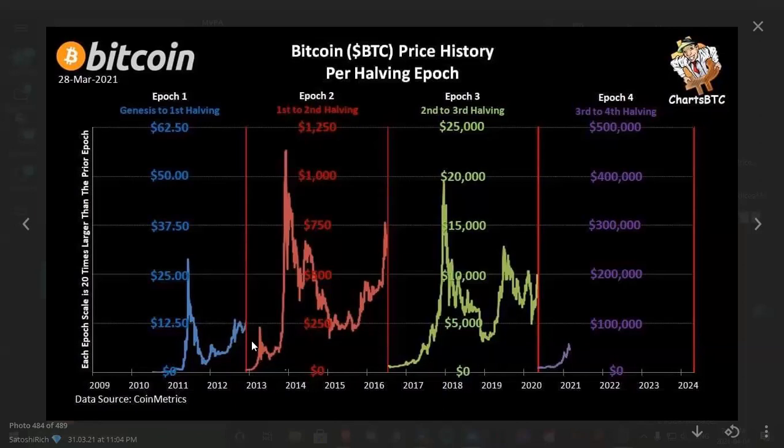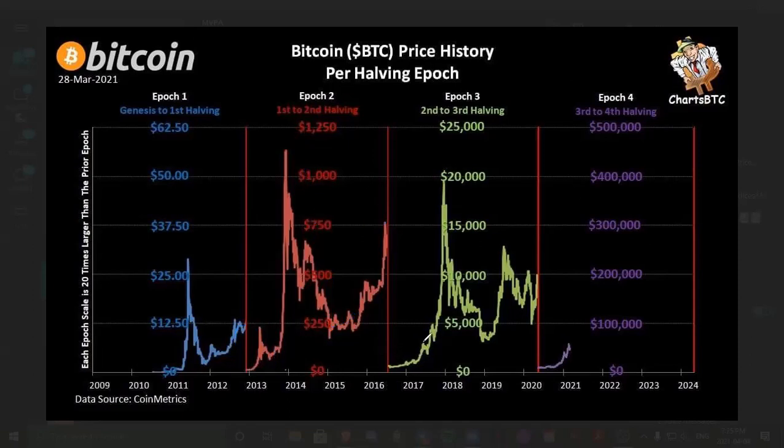The second halving, which is what this whole thing is in this smaller time frame, price then pushed up past 1,000, almost to 1,250, then dropped and started averaging out around 750. That was the second halving.